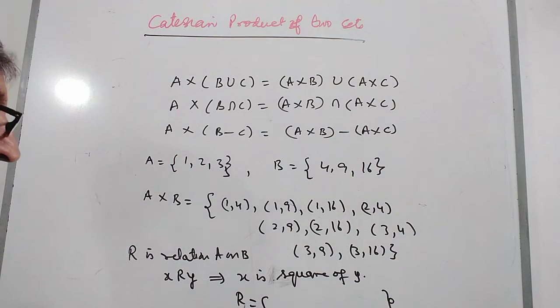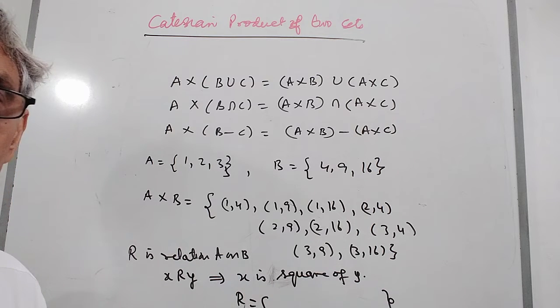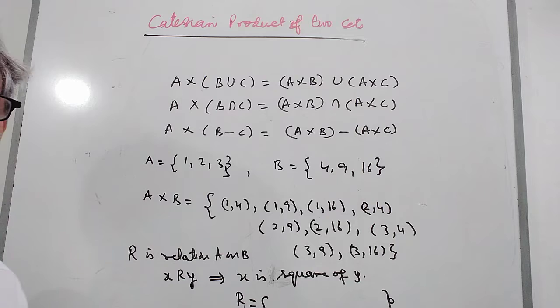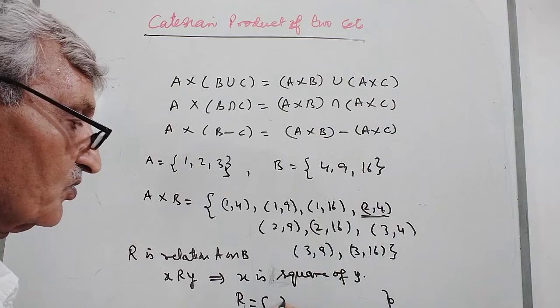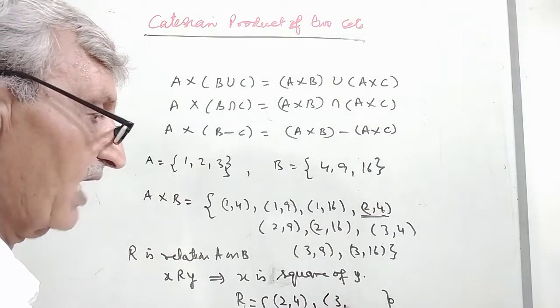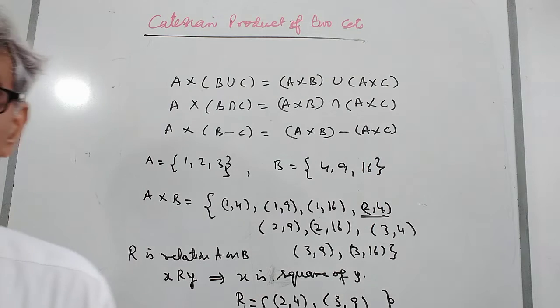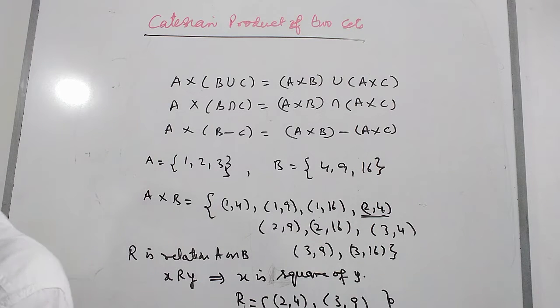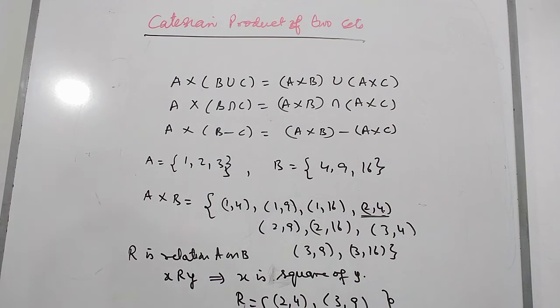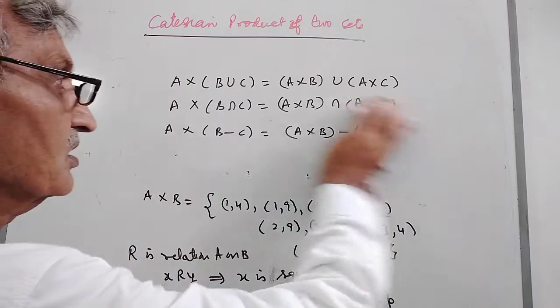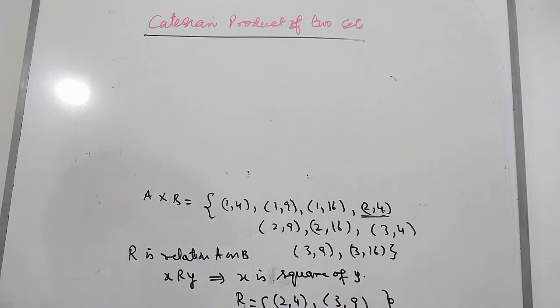R में कौन कौन सा आएगा? x जो है वो स्क्वायर रूट ऑफ y है। तो कौन कौन से आएंगे? नंबर 1, ये आएगा, (2,4) आएगा क्योंकि 4 का स्क्वायर रूट 2 है, और (3,9) आएगा। ये दो आएंगे। हमारे पास जो ये रिलेशन आएगा ये दो आएंगे। Relation is what? Relation is the connectedness between the members of A and B. A क्रॉस B और B क्रॉस A में ये रिलेशन होगा.